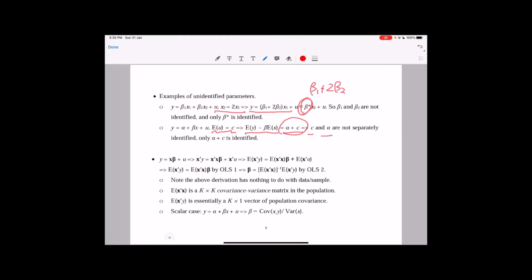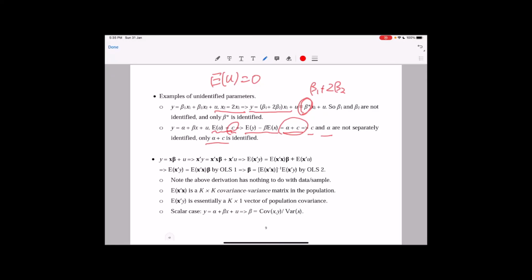That's why we say the mean of the error term being 0 is actually a normalization, because we just normalize c to be 0. There's no way we can separately identify the intercept term from the error term.